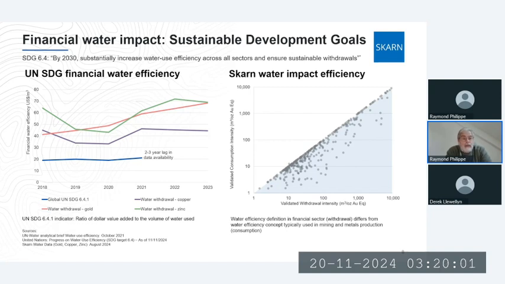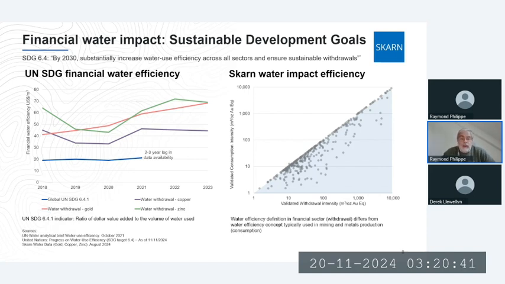Depending on the commodity you're looking at, copper, gold, and zinc are shown here, those water efficiencies are much higher, but there is also a lot of variation in time, especially in the case of gold, which is very much related to the gold price. So the water efficiency is directly related to the revenue coming out of the product being generated, and in the case of mining, that can be substantial.